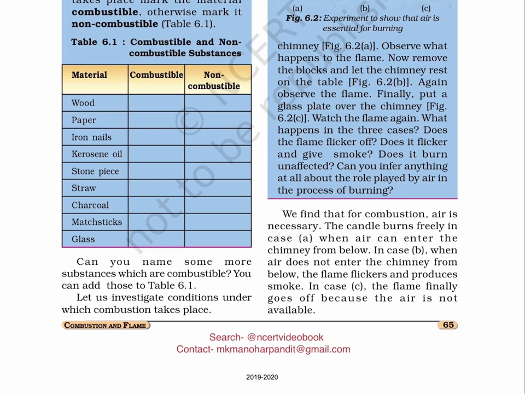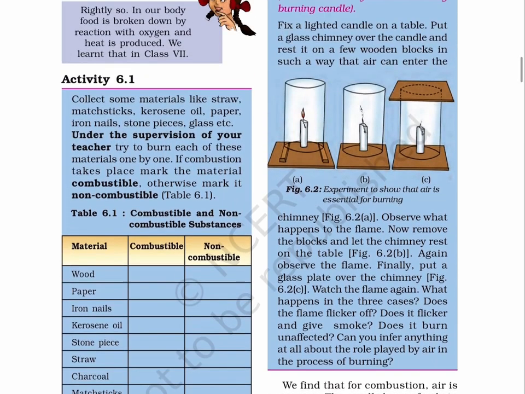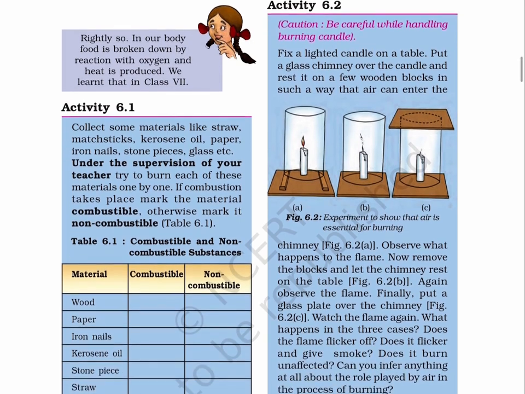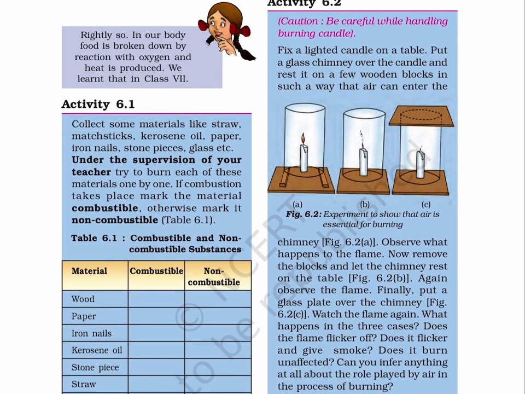Let us investigate conditions under which combustion takes place. Activity 6.2. Caution: be careful while handling a burning candle. Fix a lighted candle on a table. Put a glass chimney over the candle and rest it on a few wooden blocks in such a way that air cannot enter the chimney, as shown in Figure 6.2a.